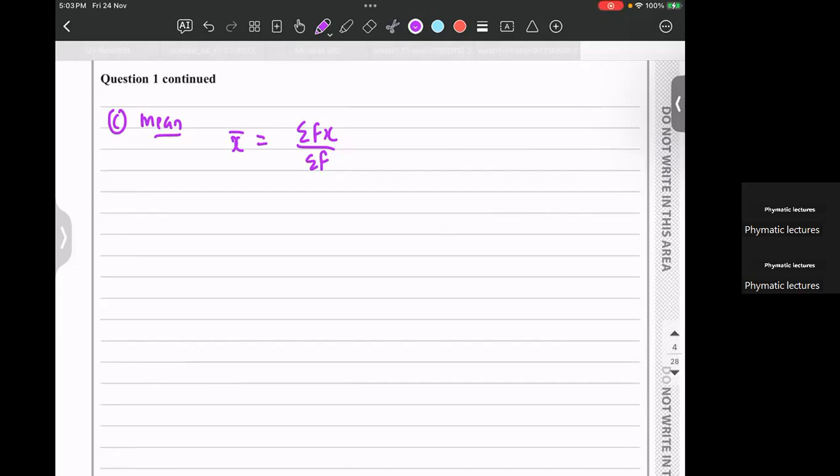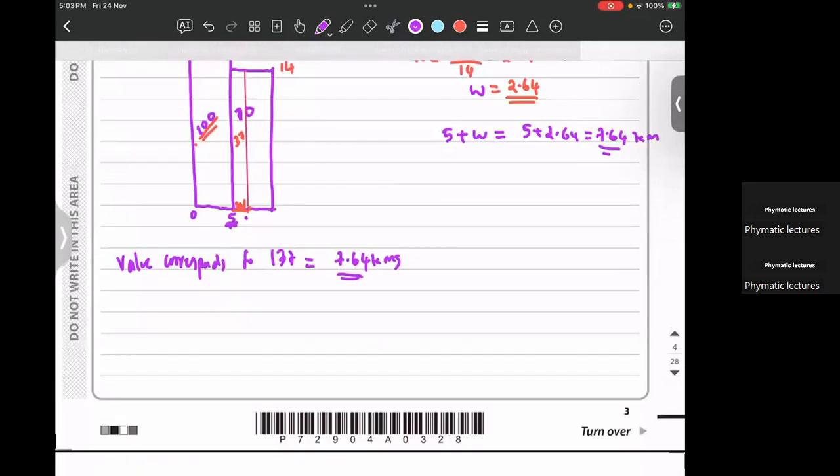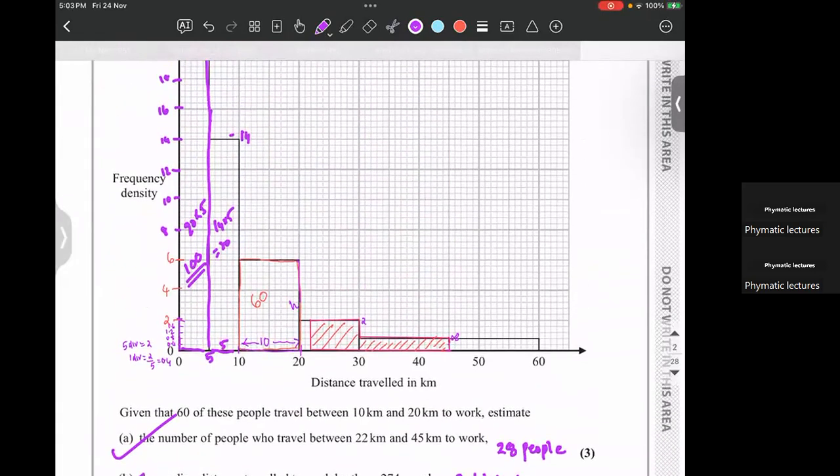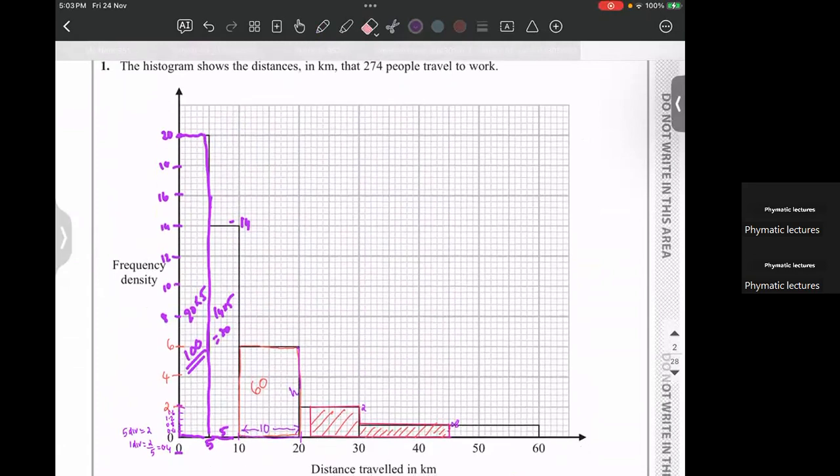We have to find the midpoint. Here in our question, we have different intervals. First of all, try to figure out the respective height of each histogram bar. I'm just rubbing all these things. We know all the respective heights, so based on that we are going to write the heights.